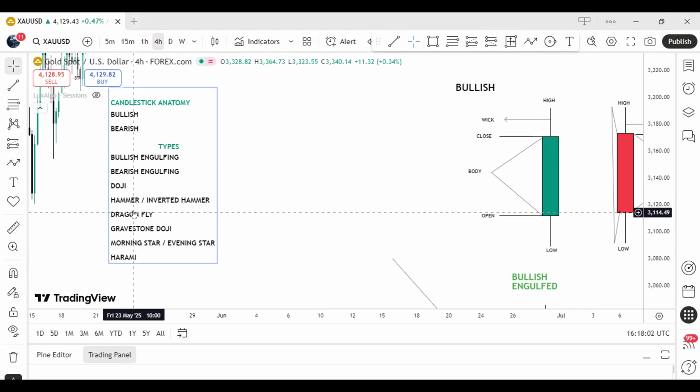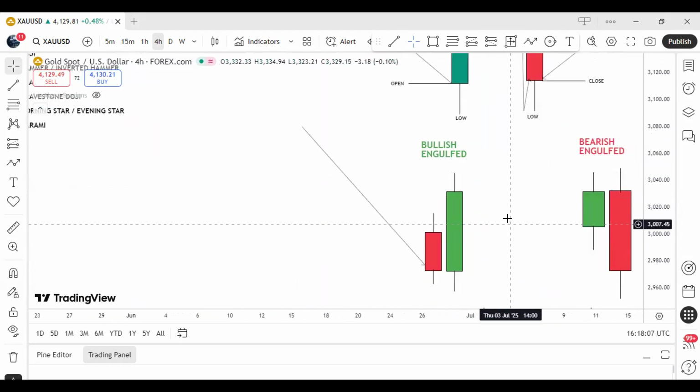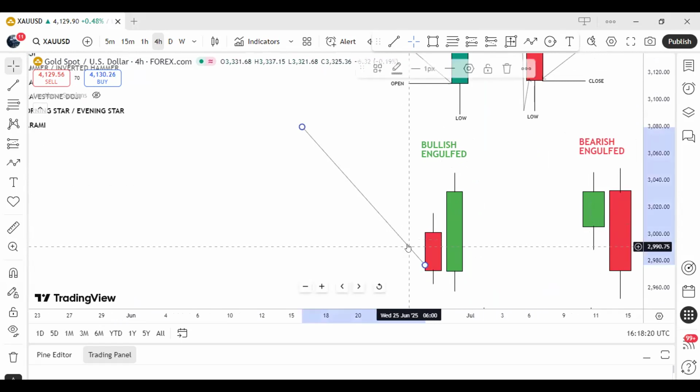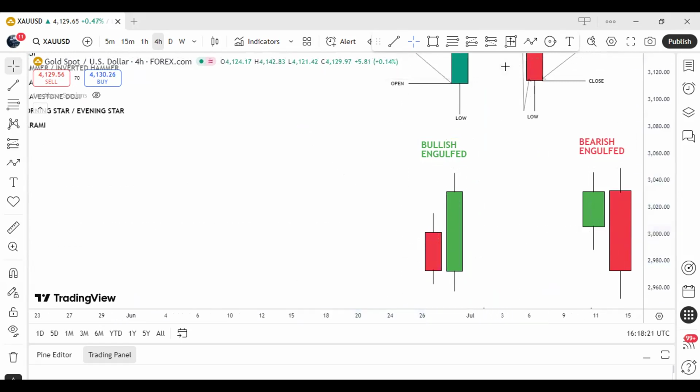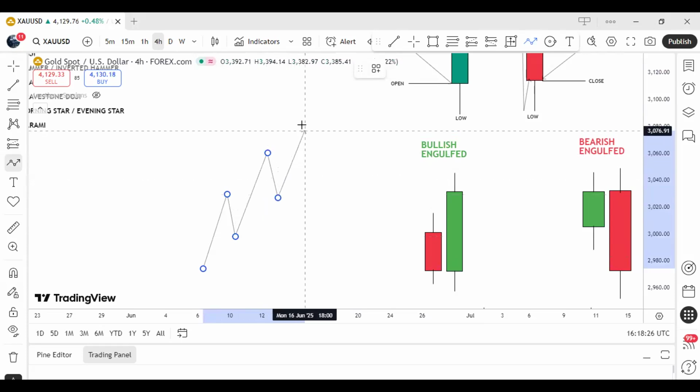So the first on our list is the bullish engulfing. This bullish engulfing is a signal that price is likely coming to the end of a trend or the end of a pullback. What that means is this: let's say this is a bullish trend, right?